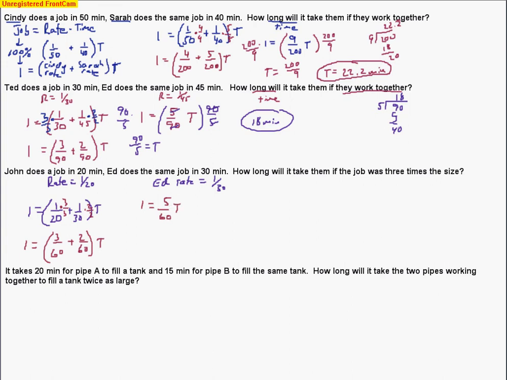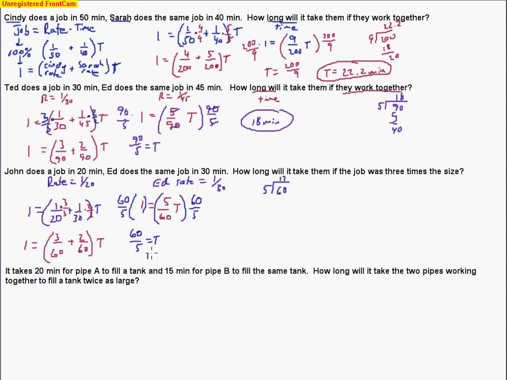And so what that means is 5 parts of the job get done out of 60 each minute when they work together. So if I divide, I'm multiplying by the reciprocal, it means the same thing. So I end up with 60/5, and then I just do that division off to the side. So 5 goes into 60, we have 12 times.